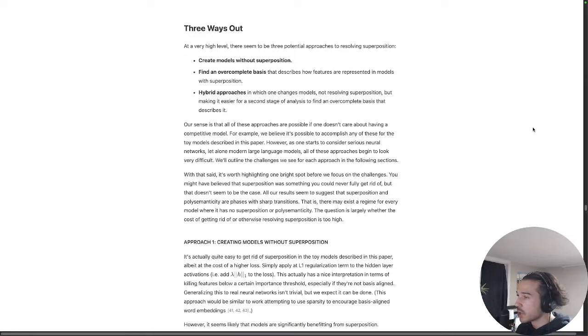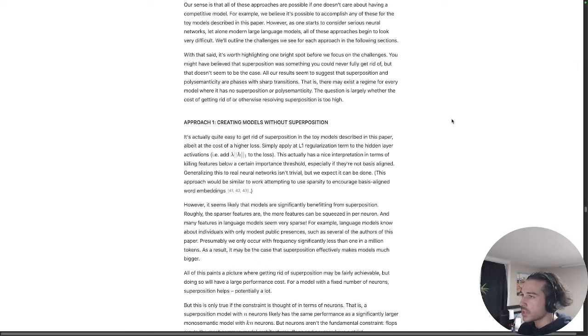For example, we believe it's possible to accomplish any of these for the toy models described in this paper. However, as one starts to consider serious neural networks, let alone modern large language models, all of these approaches begin to look very difficult. We'll outline the challenges we see for each approach in the following sections. With that said, it's worth highlighting one bright spot before we focus on the challenges.